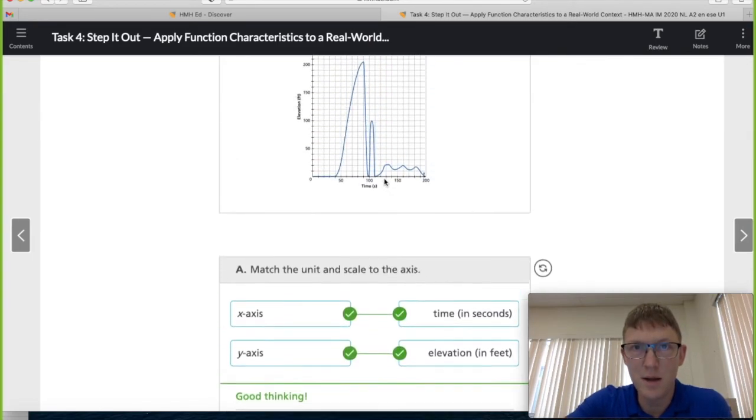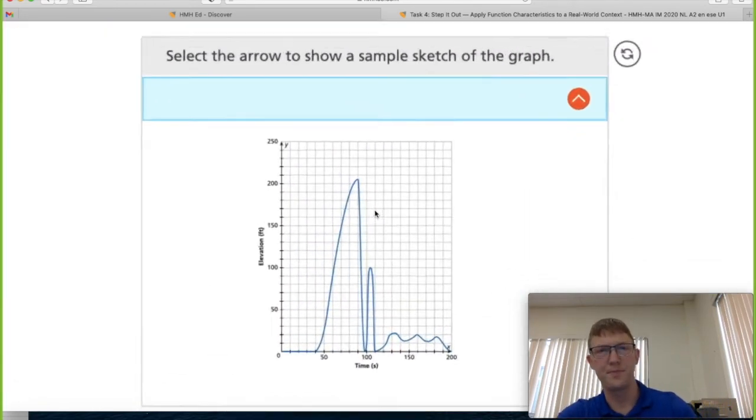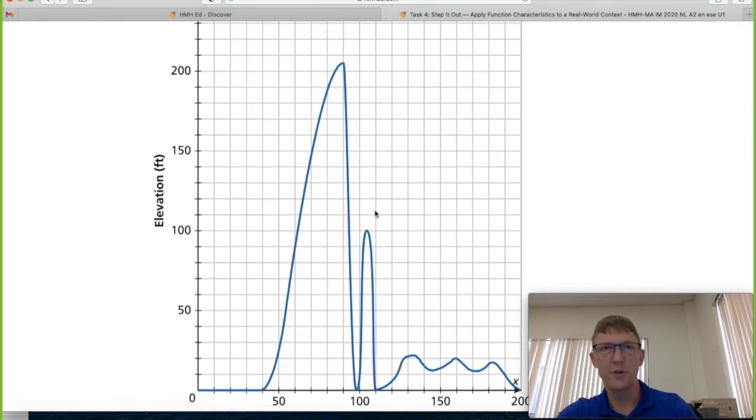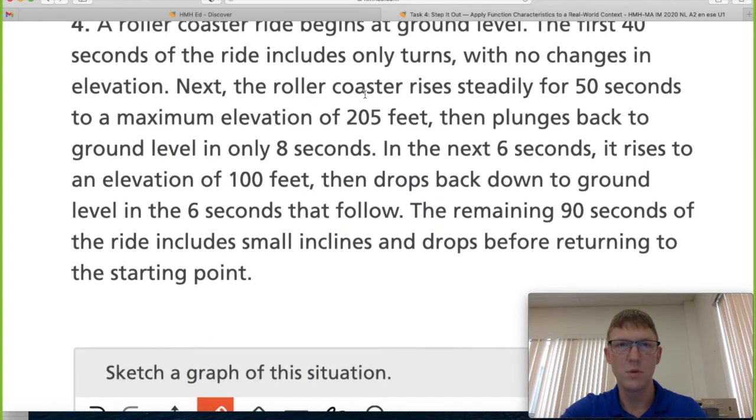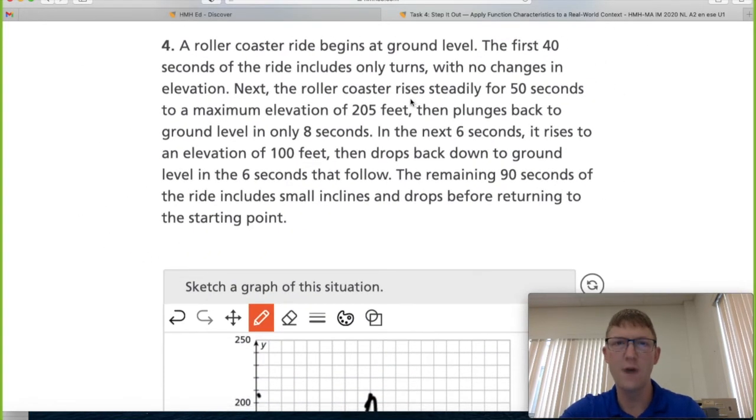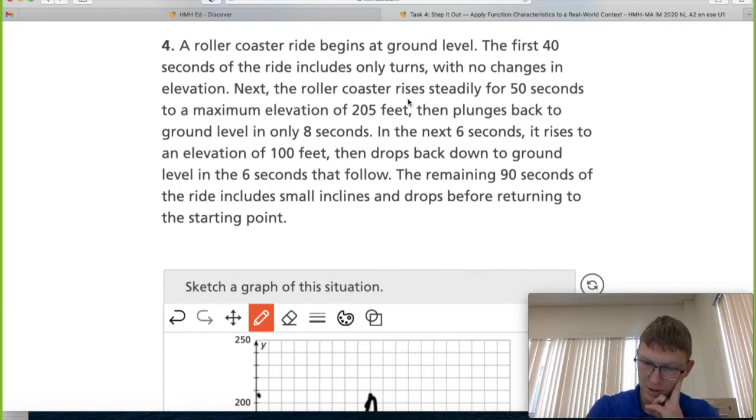So we're going to come back up here. We're probably going to use the data a little bit. Our first drop went from 205 to 0. So if we're going to do change in y over change in x, that translates to y2 minus y1 over x2 minus x1.